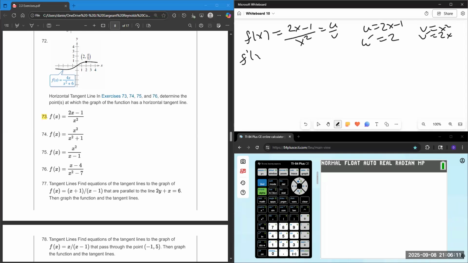F prime of x is going to be u prime v minus v prime u all over v squared: 2 times x squared minus 2x times 2x minus 1 all over x squared quantity squared.